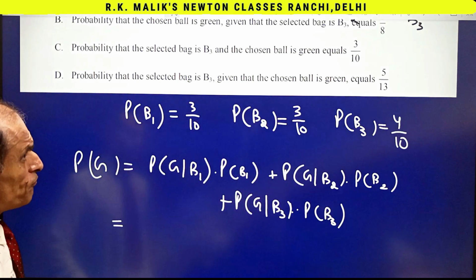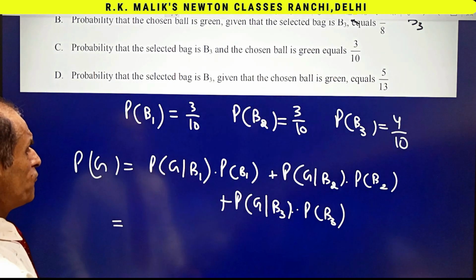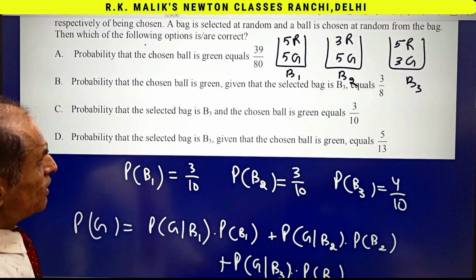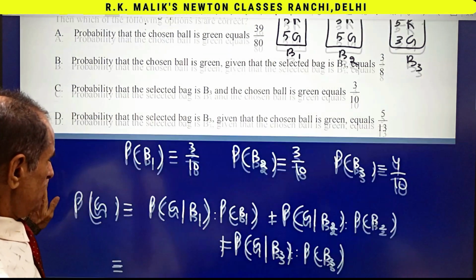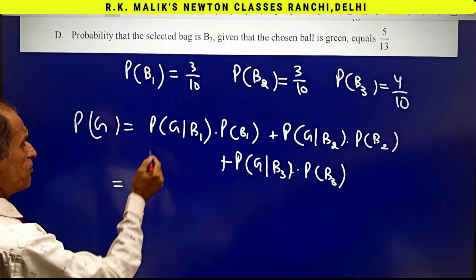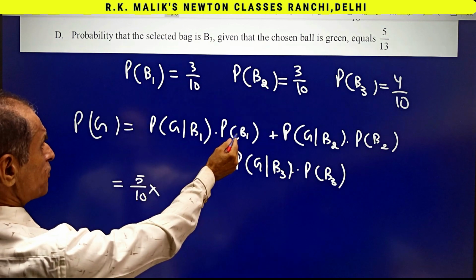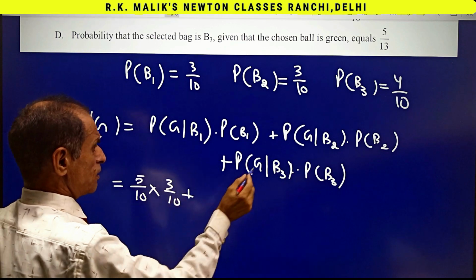This is equal to the probability of selecting a green ball when we have already selected the bag B1. As B1 contains 5 red and 5 green, the probability of selecting a green ball will become 5 by 10, and the probability of selecting bag B1 is 3 by 10.